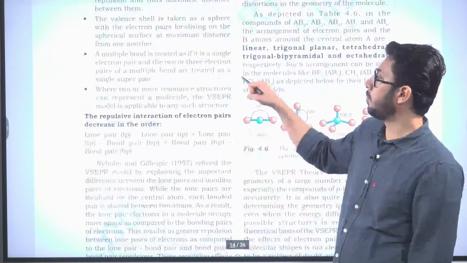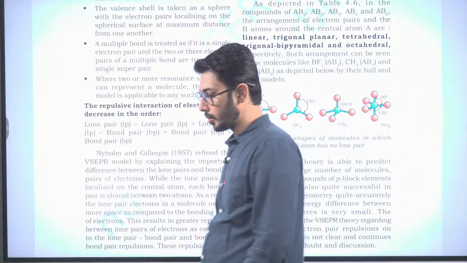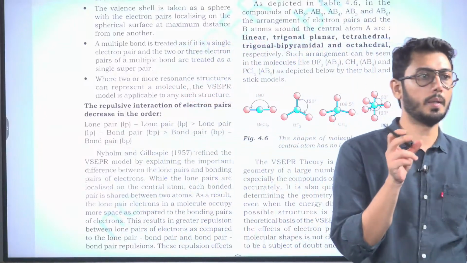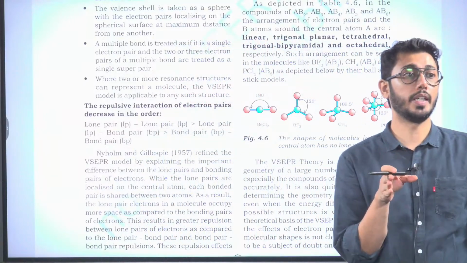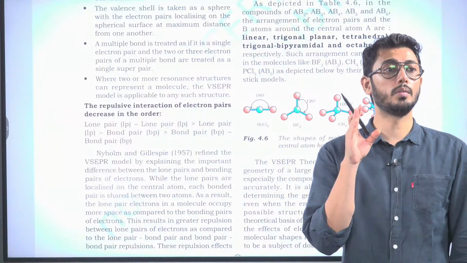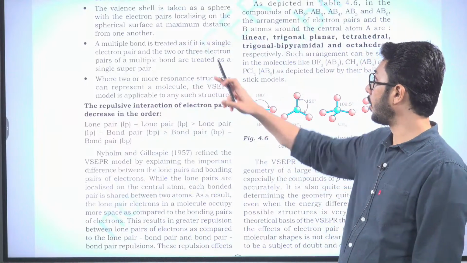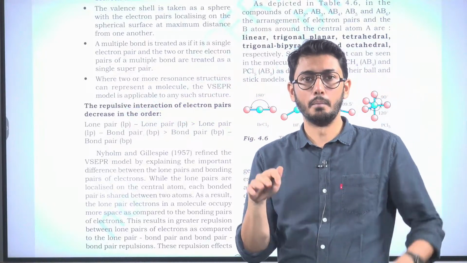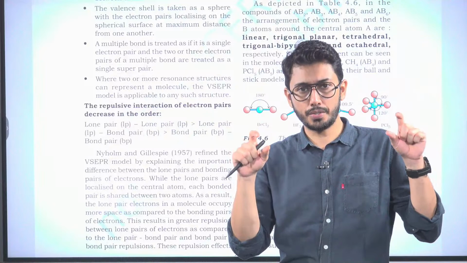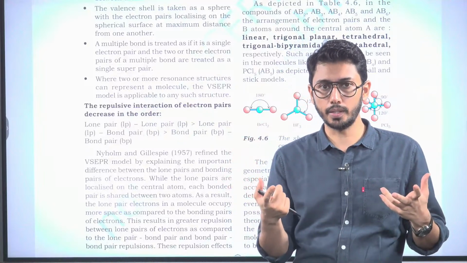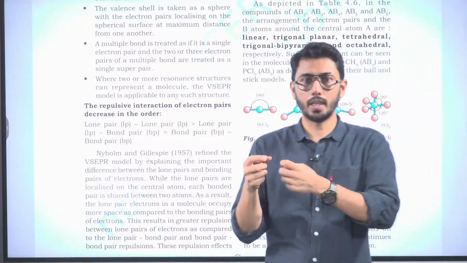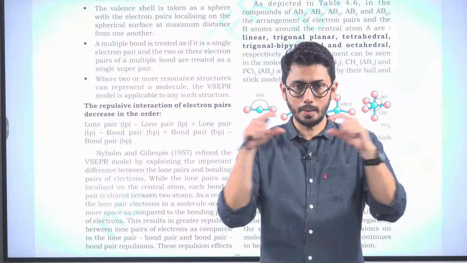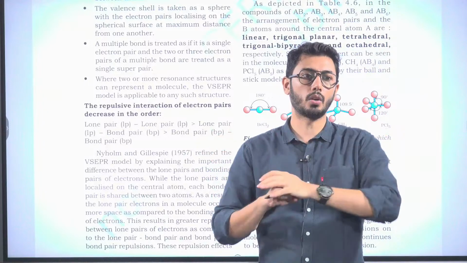Then the next point, which is also an important postulate, because the language is slightly difficult: the multiple bond is treated as if it is a single electron pair. Understand one thing, they are not saying it practically; as per the theory of VSEPR, we will consider a multiple bond as a single electron pair.